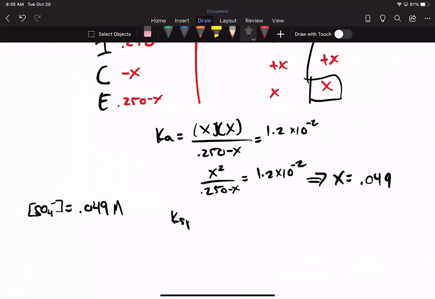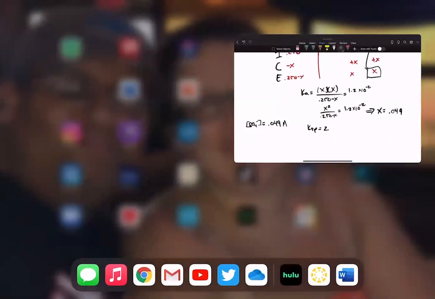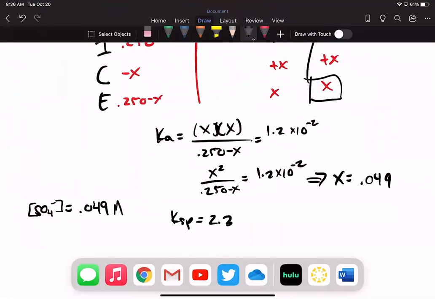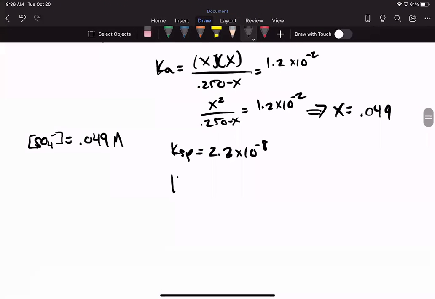So our Ksp is equal to 2.3 times 10 to the minus 8. And we know that the Ksp is equal to the barium 2+ concentration times the sulfate 2- concentration, and this is equal to 2.3 times 10 to the minus 8.